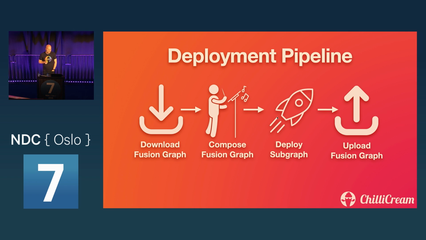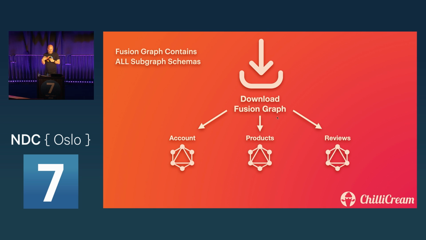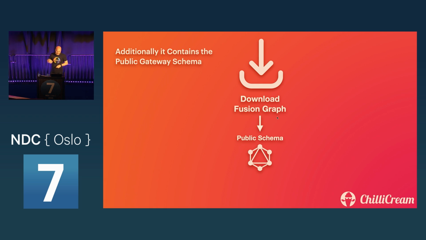Deploying means that we first download the Fusion graph configuration that is currently deployed, and in this Fusion graph configuration is all the information that we need to compose the new version of this graph. So we have all the currently deployed subgraph versions in there, and we also have the public schema that is outwardly exposed.